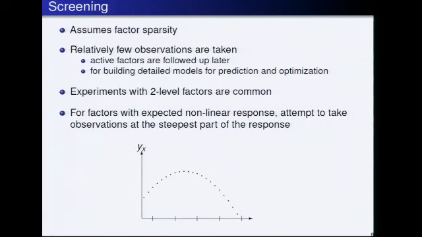Well, what we would try to do then is to ask the engineers where they anticipate this response might turn, and then we can take our 2 levels here at the steepest part of the curve, because ultimately all we want to know is this curve really steep, or is it just a flat kind of curve that we don't need to worry too much about?